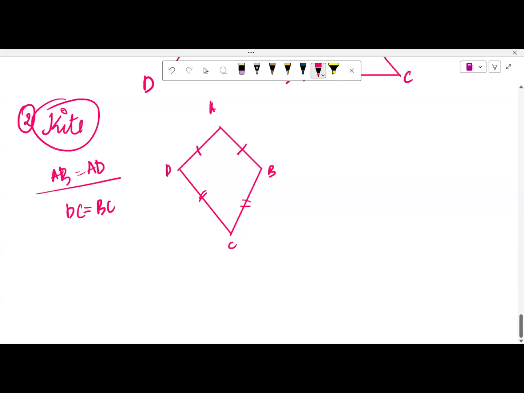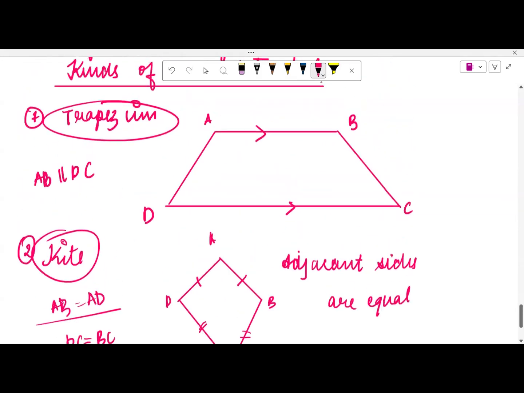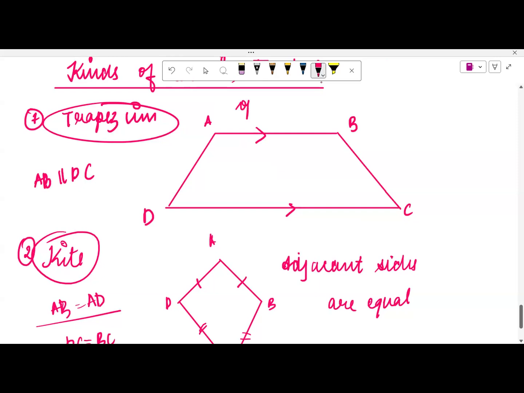So for a kite, the property is that adjacent sides are equal. And for a trapezium, one pair of opposite sides is parallel.